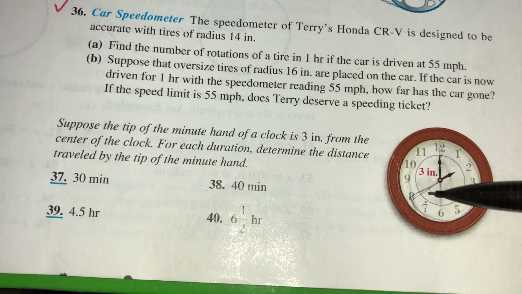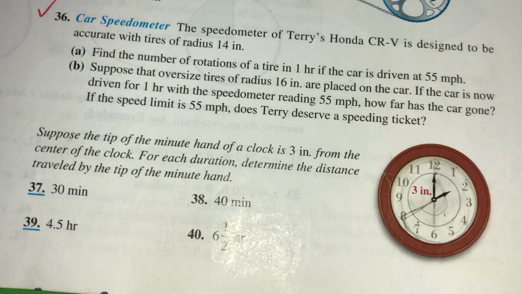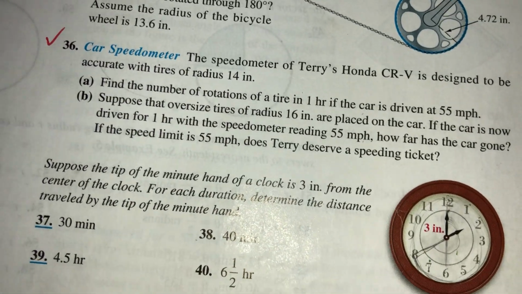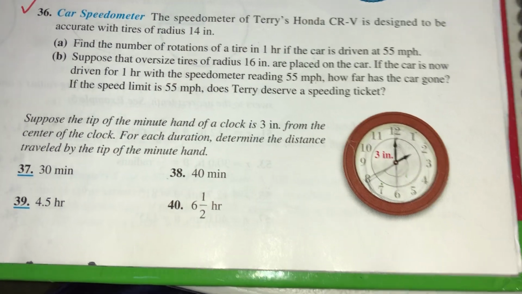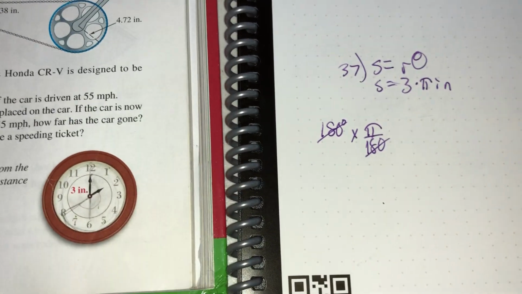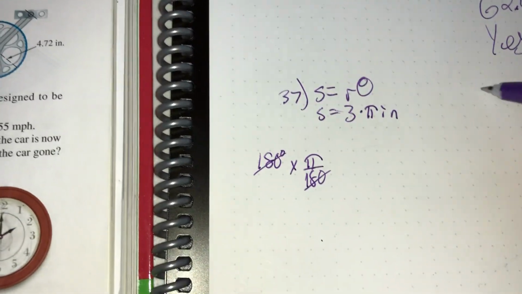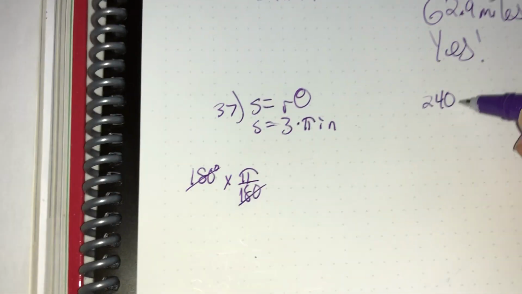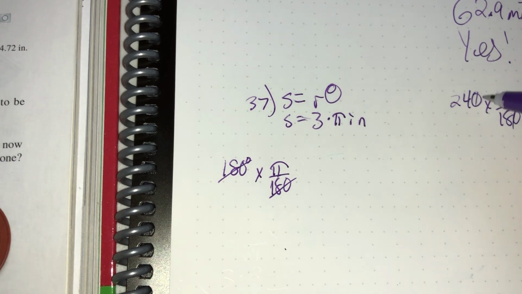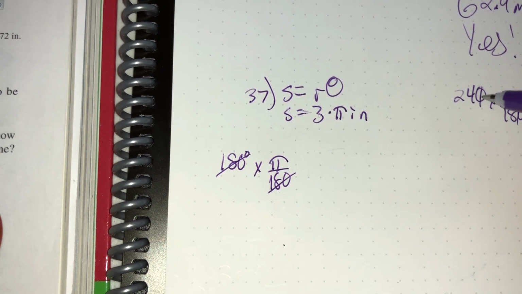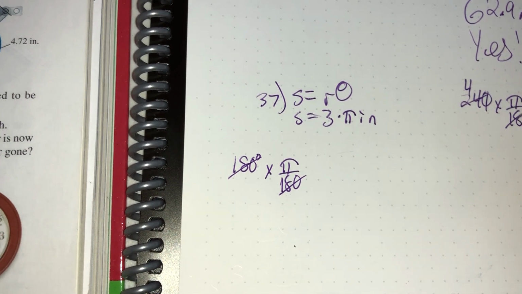Okay. So anyway, if you're going to go from here all the way around to here in degrees, that would be 240. So we just need to change 240 into radians. And then we can pop it into this equation and be done. So 240 times pi over 180. Let's see, we could do 6 goes in, 4, 3.